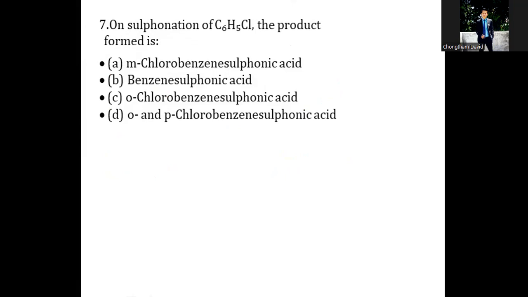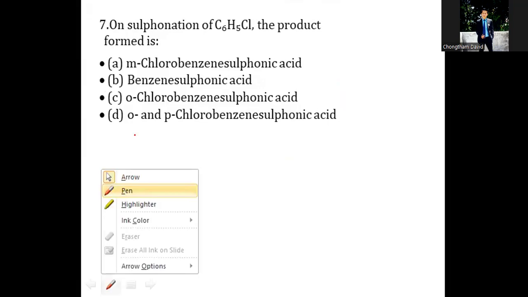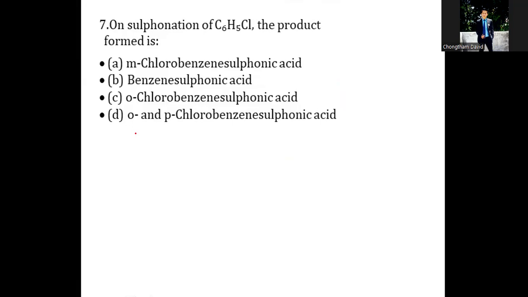On sulfonation of haloarene, which is chlorobenzene, the product formed is... you're given different types of product: metachlorobenzene sulfonic acid in option A, benzene sulfonic acid, C orthochlorobenzene sulfonic acid, and D ortho and para chlorobenzene sulfonic acid. So question number 7 will be option number D, because chlorine, this substituent, is ortho para directing in nature.